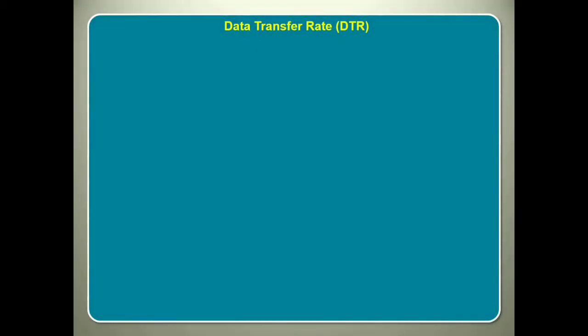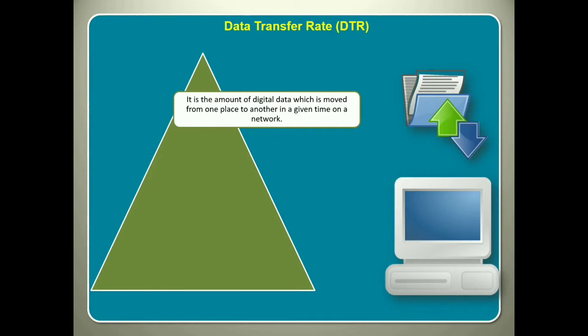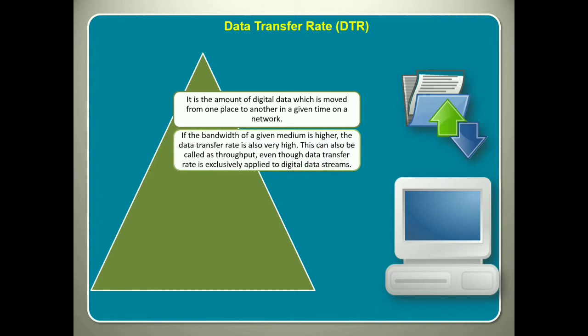What is this data transfer rate, DTR? Let us now look into it. It is the amount of digital data which is moved from one place to another in a given time on a network. As we have seen earlier, if the bandwidth of a given medium is higher, the data transfer rate is also very high. This can also be called throughput, even though data transfer rate is exclusively applied to digital data streams.